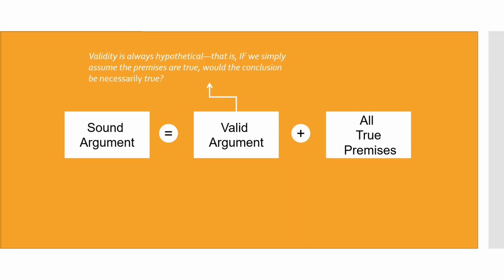Now, remember that validity is always a hypothetical concern. That is, if we simply assume that the premises were all true, would we have coherent, concrete grounds to claim that the conclusion is also necessarily true? That's all it really means to say that an argument is valid. If you're still not comfortable with the idea of validity, and in particular its association or disassociation with truth claims, I would strongly encourage you to go back to Module 1 and recap this concept.